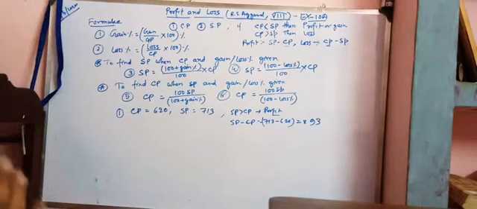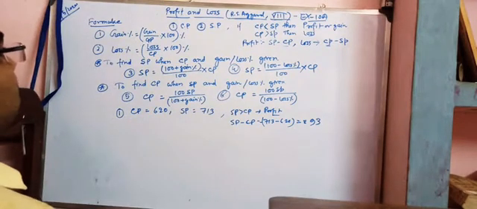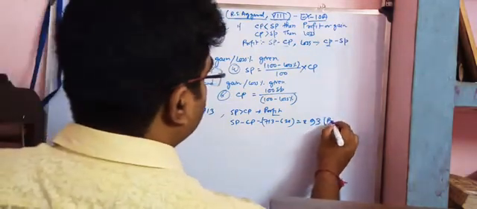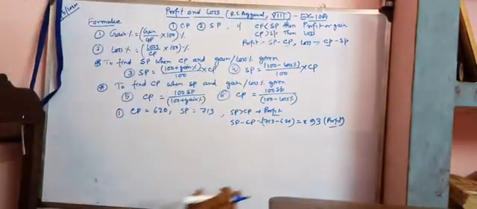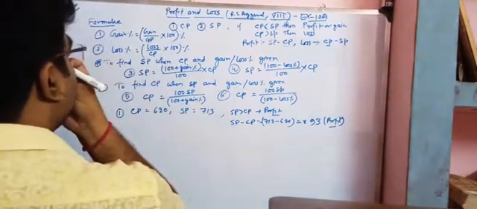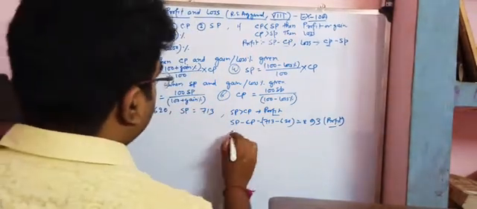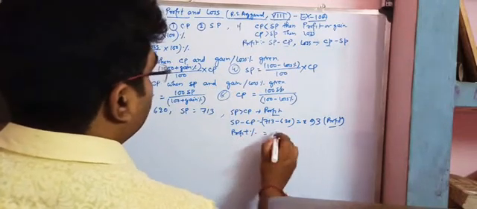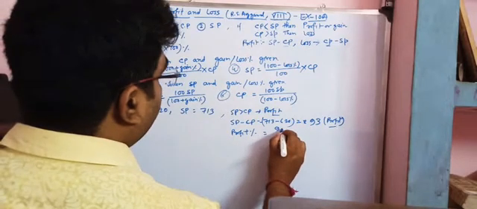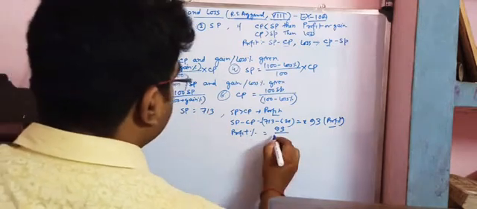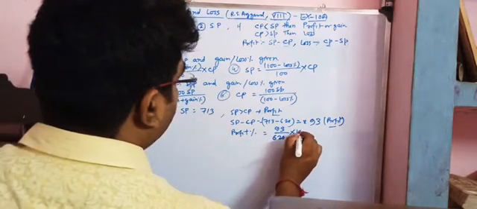Now if it is told that a profit has occurred, this is my profit. And if it is asked to find the profit percentage or gain percentage, what we have to do is take 93 first, after that CP, which was 620, into 100.